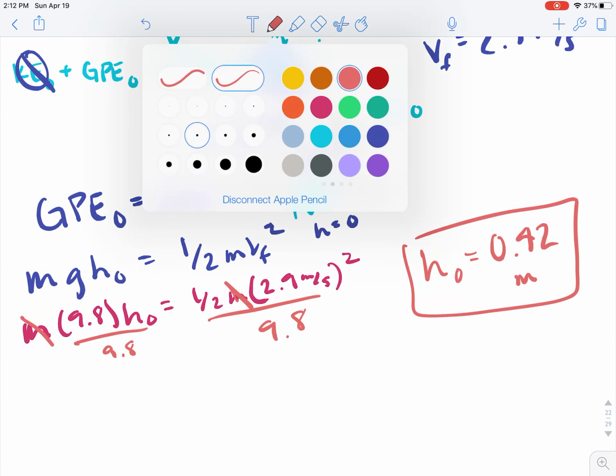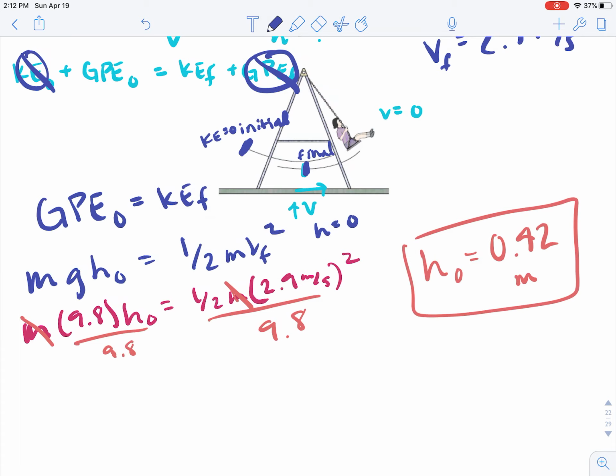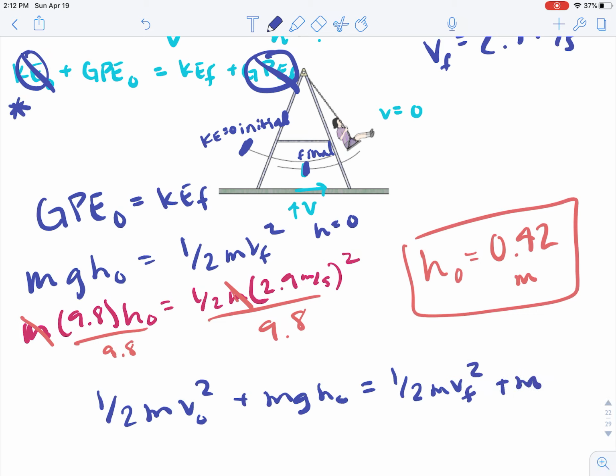So if you notice in this big long equation, I have room to write it down here. If I write out the whole thing for this equation, 1/2 mass times initial velocity squared plus mass times gravity times initial height plus the same thing on the other side. What term or what letter do you notice is in every single piece of the equation? Mass.